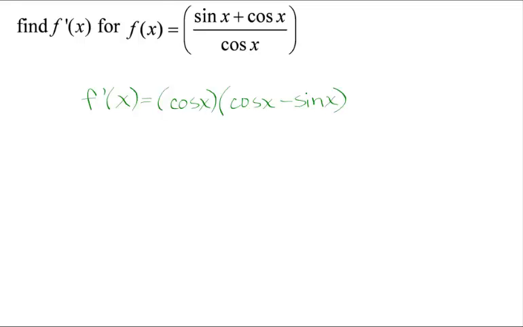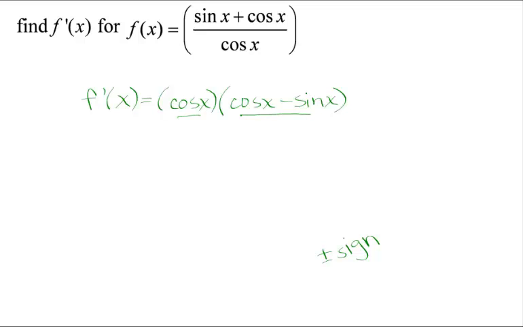See how confusing that's going to be getting? Make sure you get those signs, positive or negative, correct. The derivative of positive sine is positive cosine. The derivative of positive cosine is negative sine.